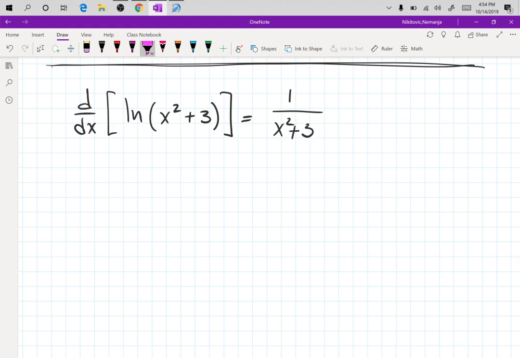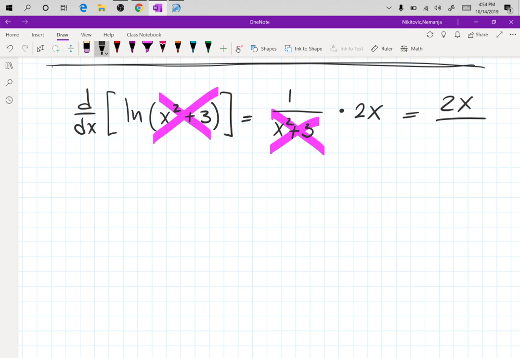If you say that that's x, what's the derivative of ln of x? It's 1 over x. Do we all see that? And then times the derivative of the inside, which is 2x. So 2x over x squared plus 3.